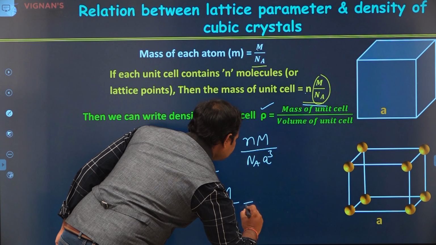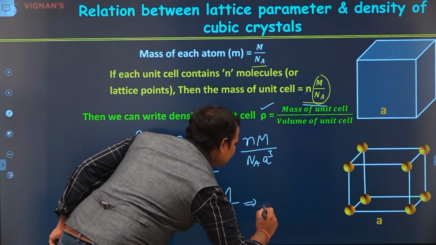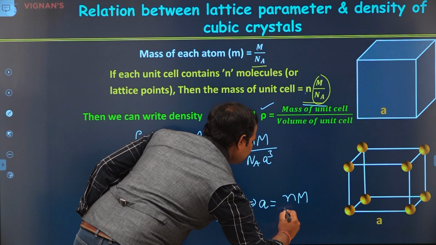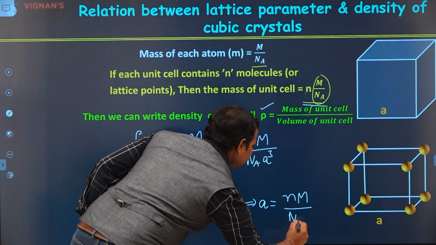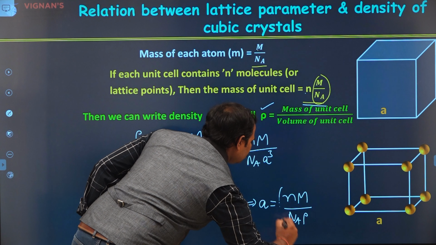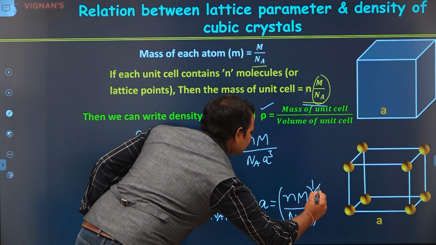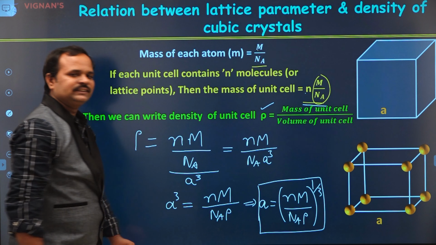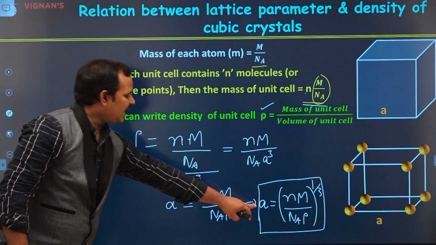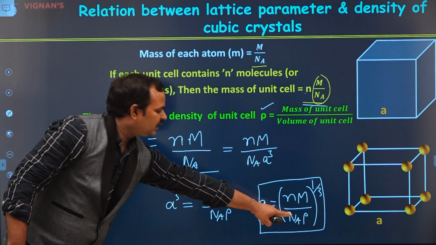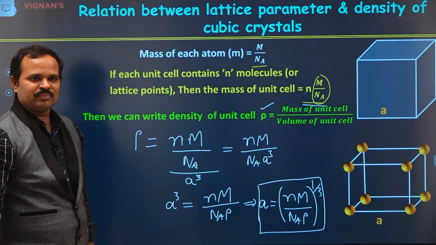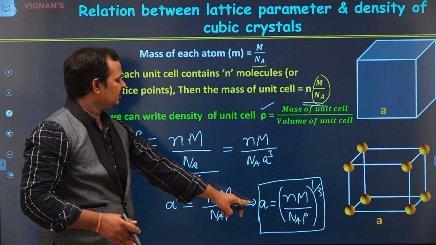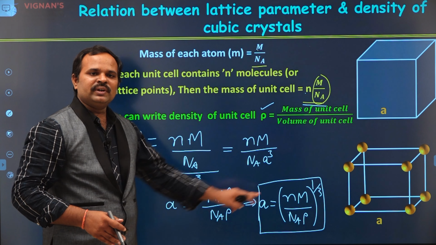We can rearrange this again: a is equal to nM by Na rho, whole power 1 by 3. This is the relation between the lattice parameter of the unit cell and the density of the unit cell. So this is how we can find out the relationship between the lattice parameter and the density.